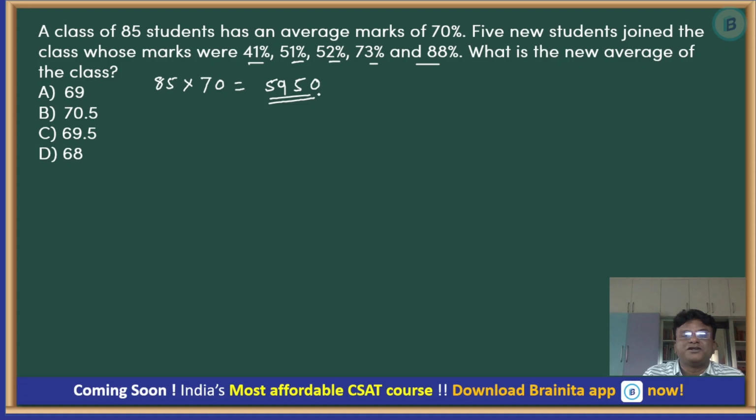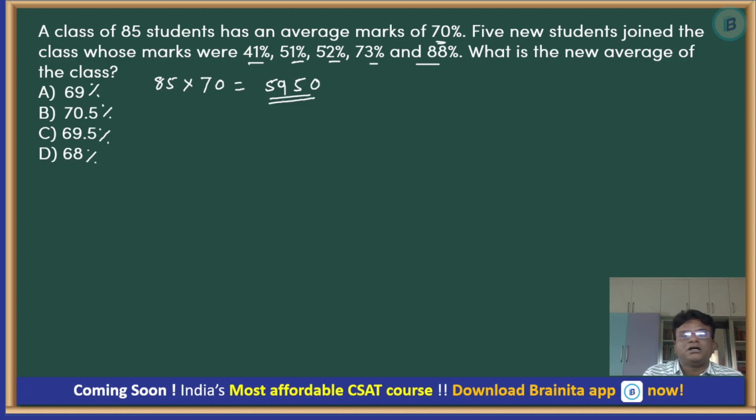Actually, it is not fair to do it this way because this is a percentage, but the sheer addition of percentage is 5950. Since the new average is also given in percentage, we can do what we are doing.